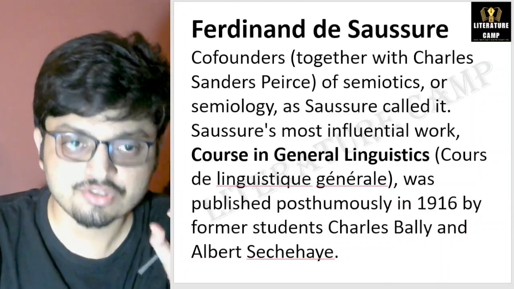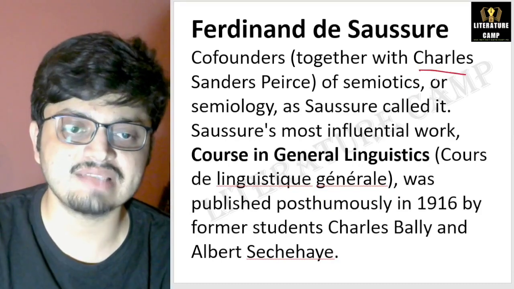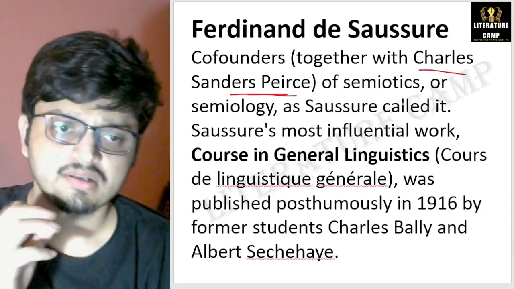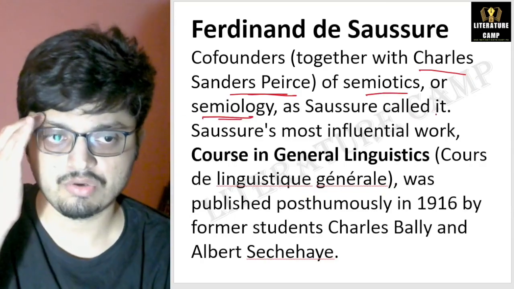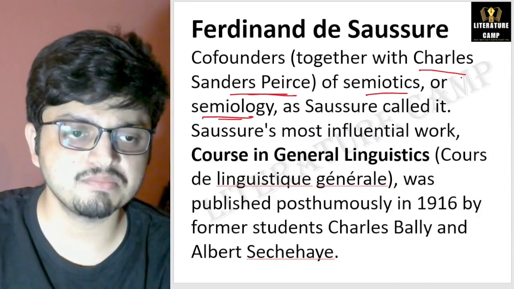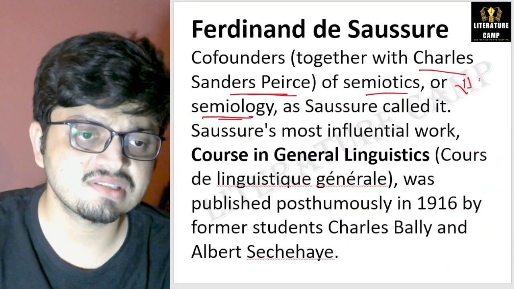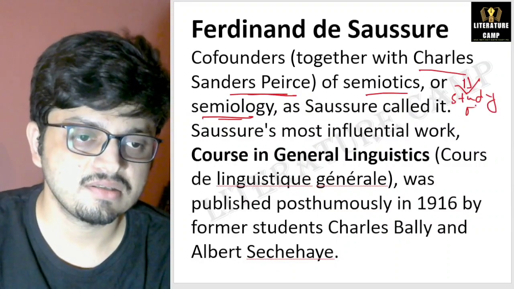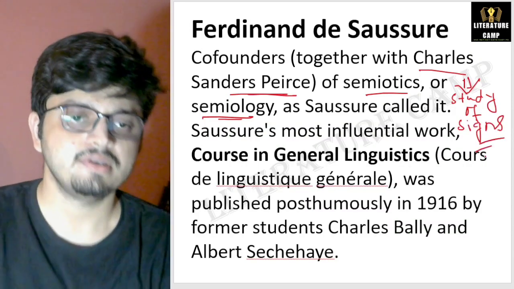Ferdinand de Saussure and Charles Sanders Peirce gave a concept. The concept is called semiotics or semiology. What does it mean? Semiotics or semiology, they are almost the same, means study of science.